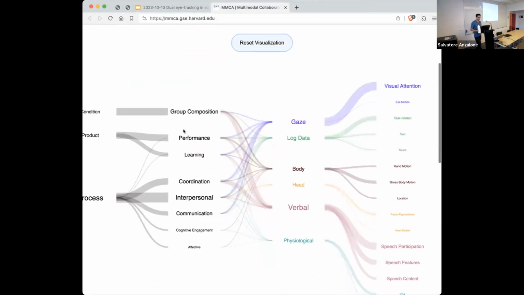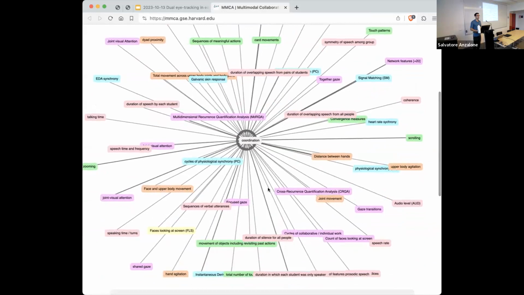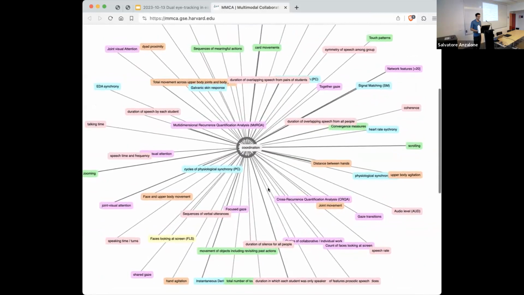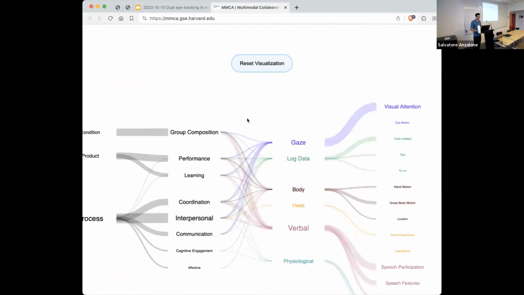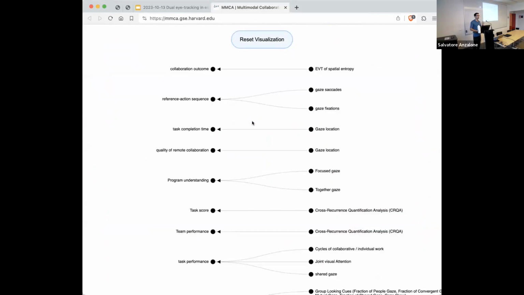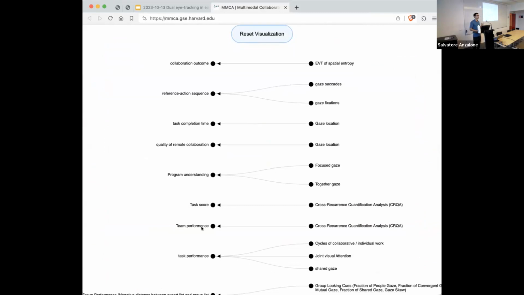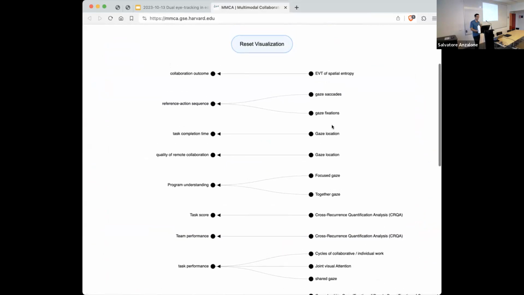You can do the same thing if you're interested in coordination: you can see all the metrics that people have used using different modalities. You can click on them as well. And you can also click between the relationship between metrics and outcomes. So here, for example, you can see all the performance outcomes that have been used and all the gaze metrics that have been related to those outcomes.